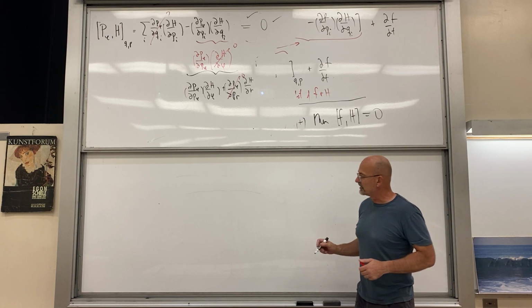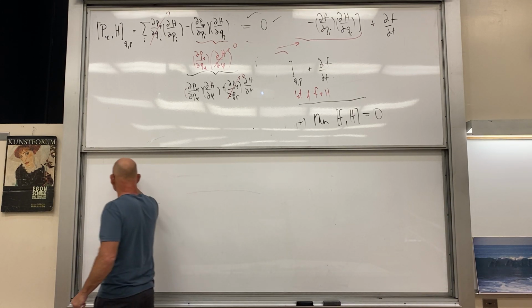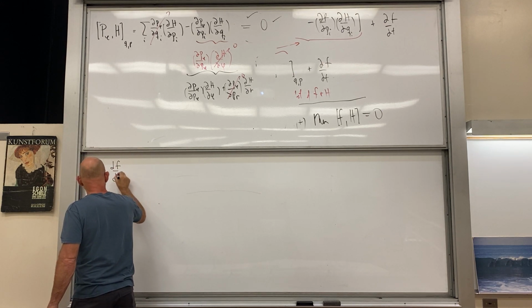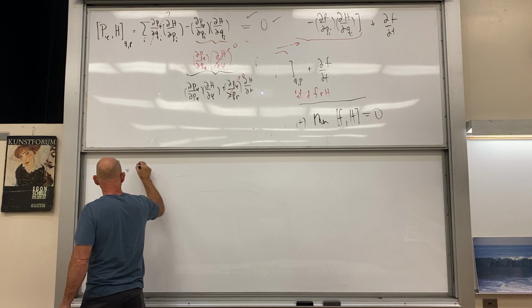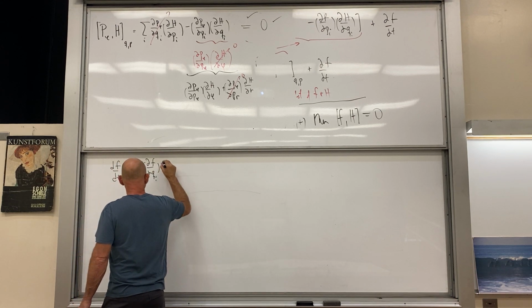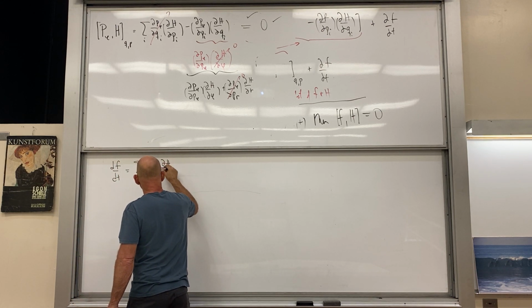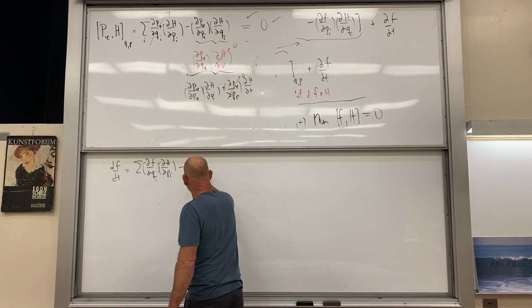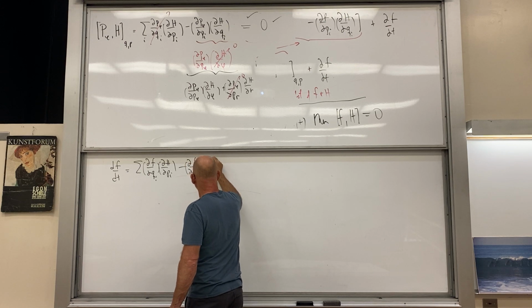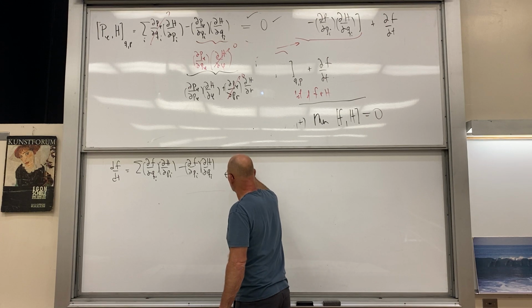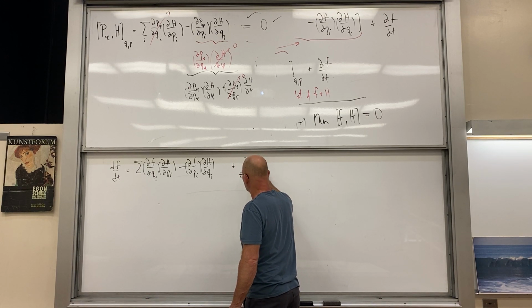In fact, why don't we remind ourselves, df/dt is the sum over ∂f/∂q_i ∂H/∂p_i minus ∂f/∂p_i ∂H/∂q_i.